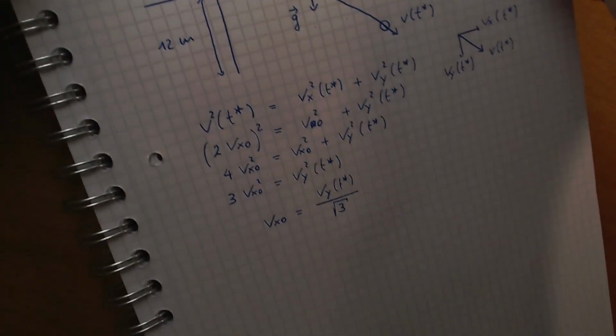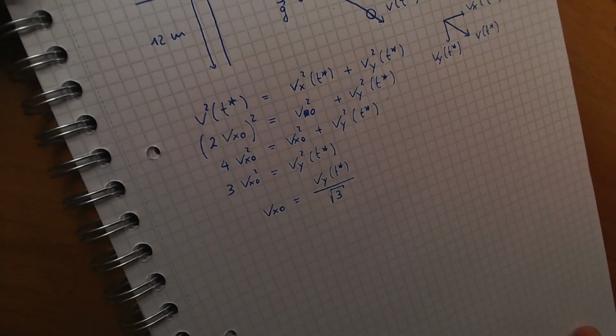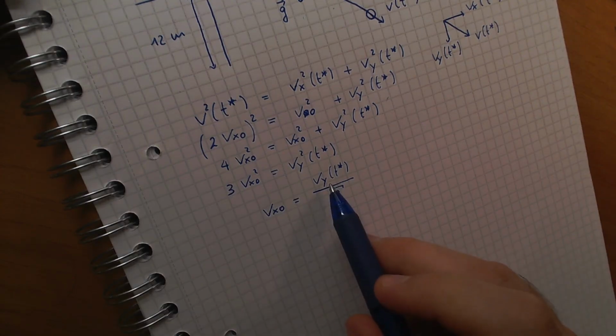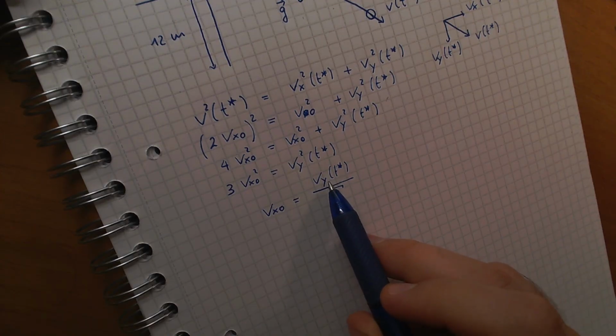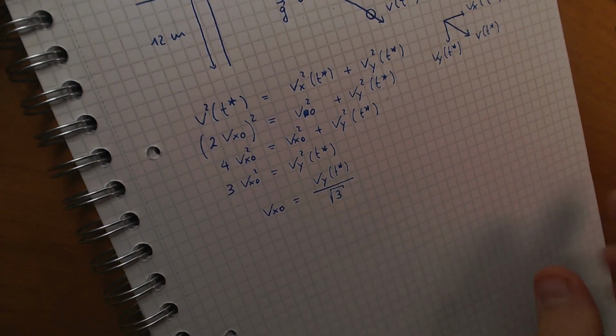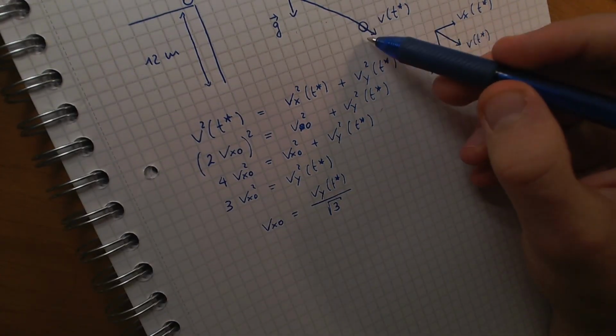Let me move a little bit. This basically means that now we have to find the final velocity in the vertical direction, the velocity at this point for the y direction.